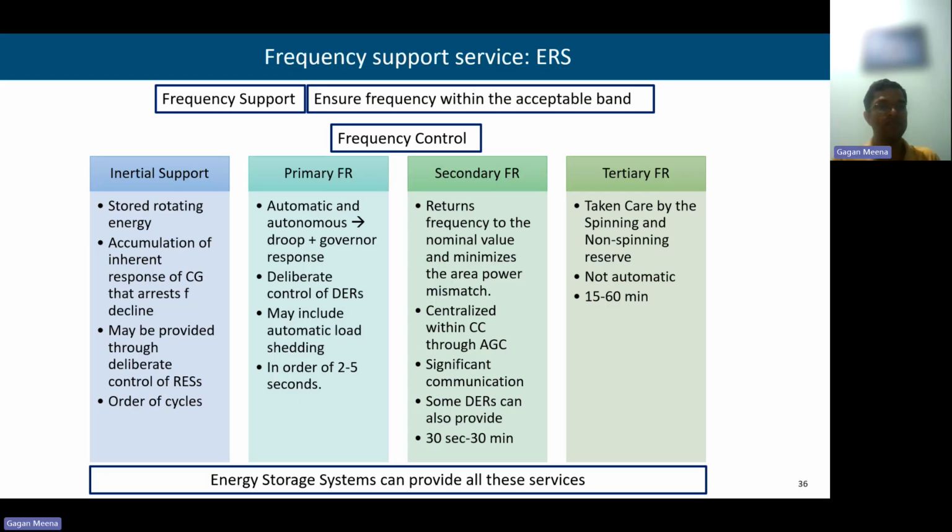First one is the inertial support, which is based upon the stored rotating energy. And it is the accumulation of the inherent response of conventional generators that arrests frequency decline.